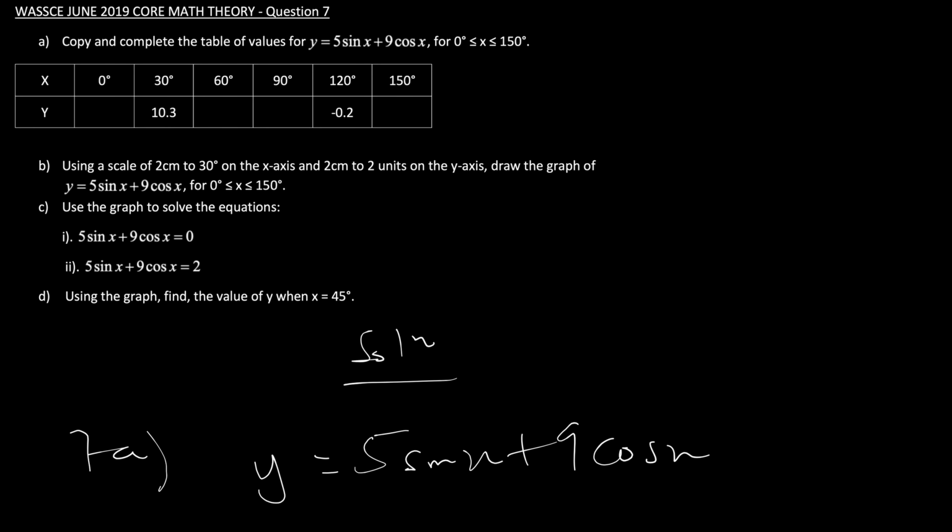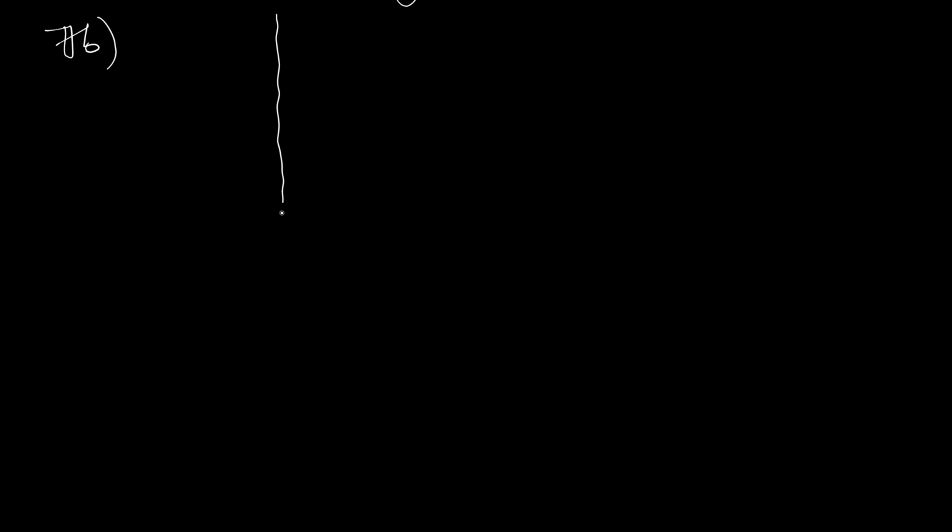So 7b, using a scale of 2 centimeters to 30 degrees on the x-axis and 2 centimeters to 2 units on the y-axis, draw the graph of y = 5 sin x + 9 cos x for x between 0 and 150. So we have our y-axis and our x-axis.